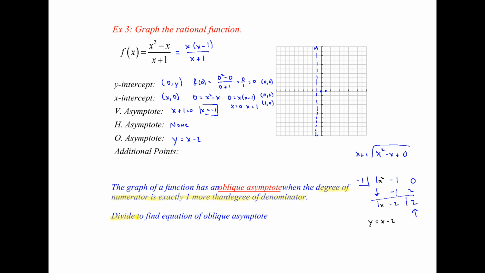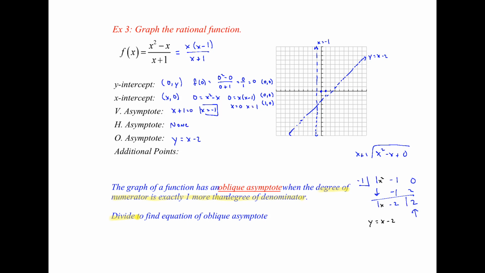The y-intercept is at negative 2, and the slope is 1. So you'll have this, right, as your oblique asymptote, and that is at y equals x minus 2.